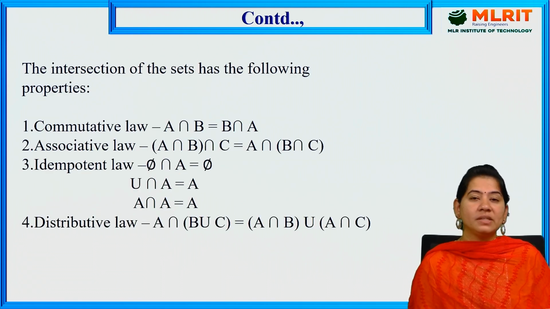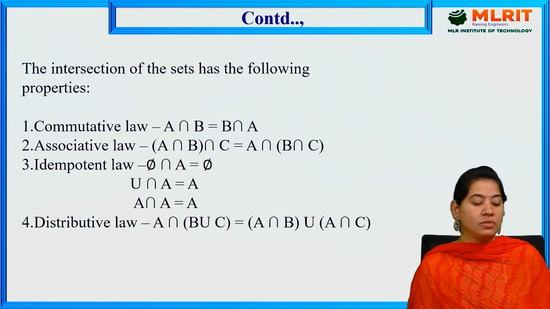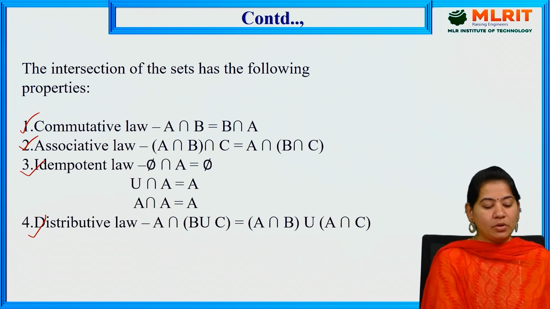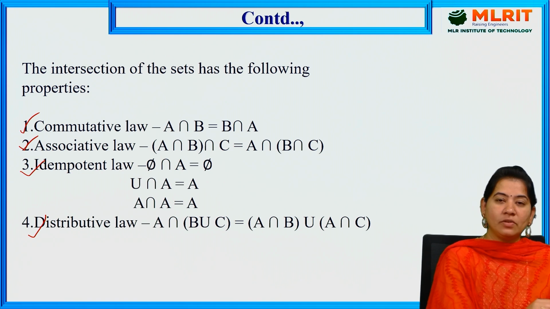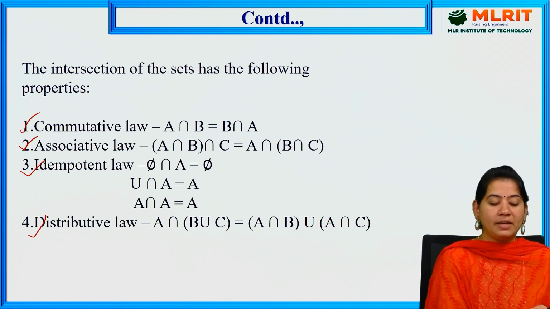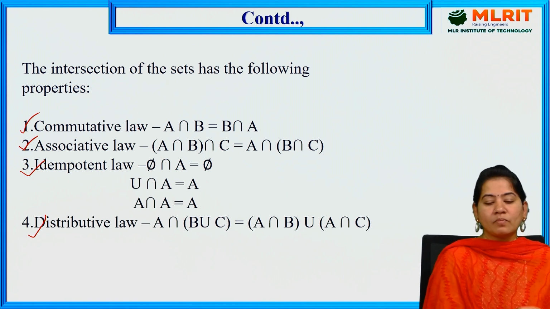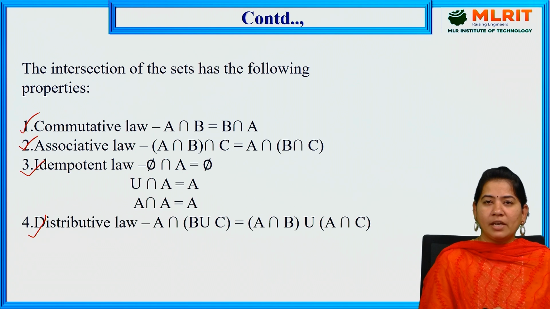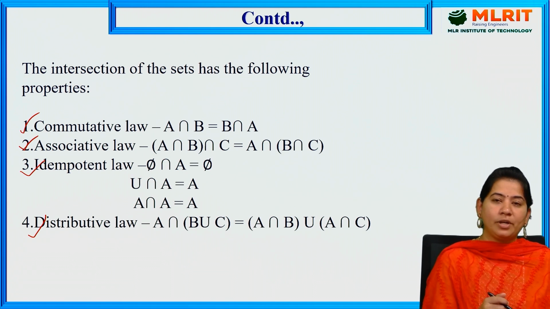From this intersection, we have some properties also: commutative property, associative property, idempotent property, and also distributive property. These are the properties of the intersection of sets. We already know these laws from the first unit, in the equivalence formulas, where we saw commutative, associative, idempotent, and distributive.